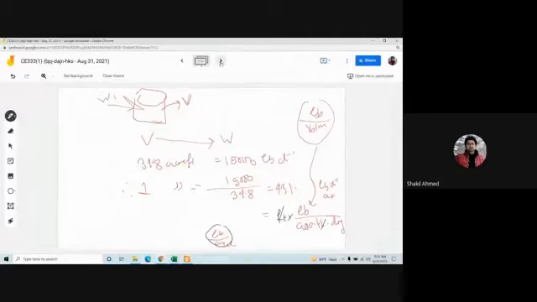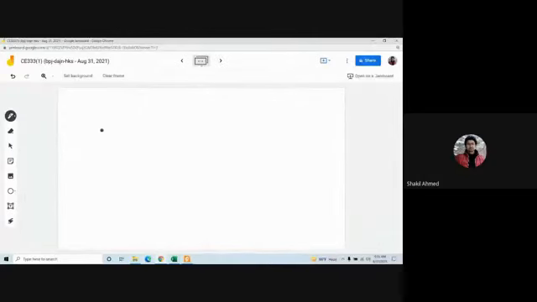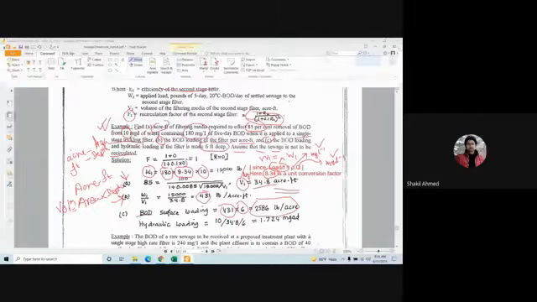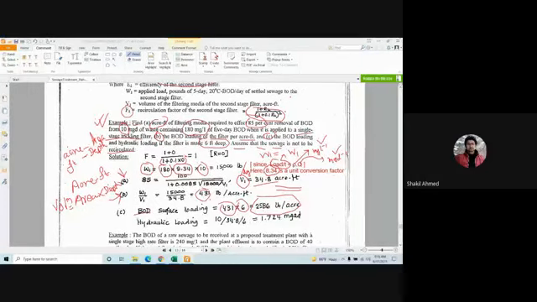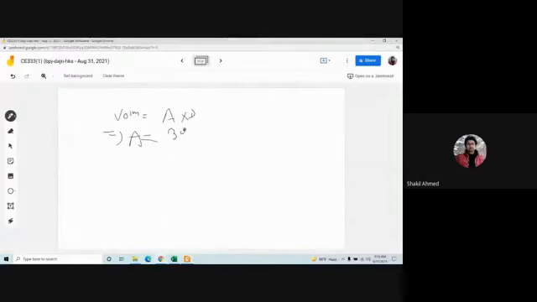Or you can do it in this way also. What is the surface area, guys? Volume equals area into depth. What is the area, guys? Volume is 34.8 acre feet.